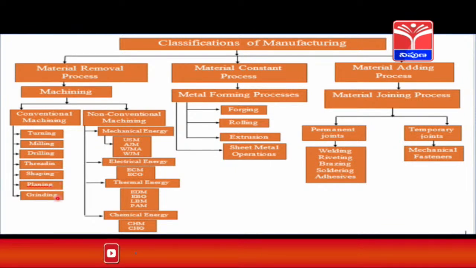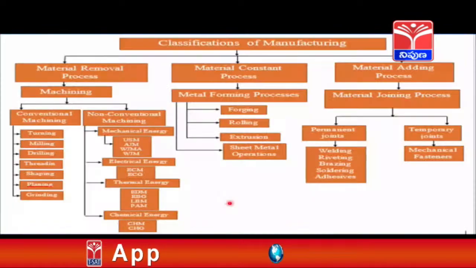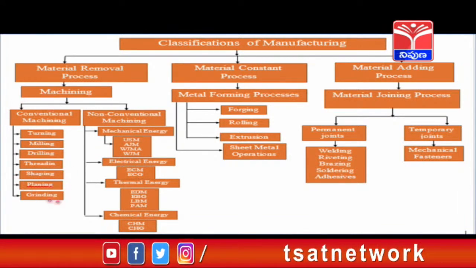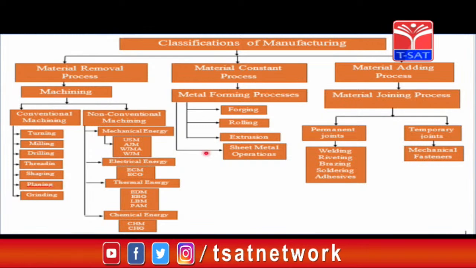Again, I will tell you, manufacturing is an ocean and these are all seas. This material removal process, the material constant process, these are seas. So, in this turning, milling, we are now focusing on this particular conventional machining process.